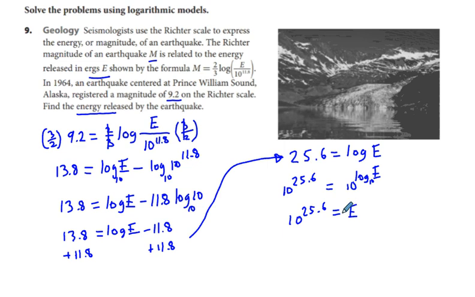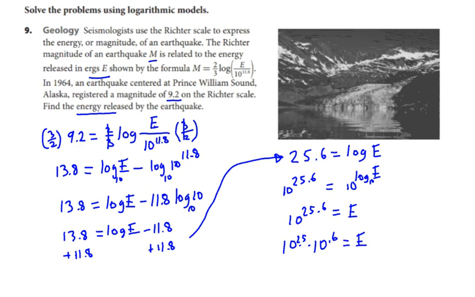And we could write this differently. This is the way the book has it: 10 to the 25th times 10 to the 0.6 power is equal to e.